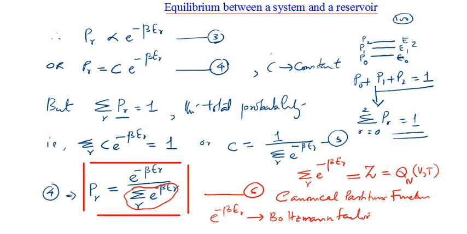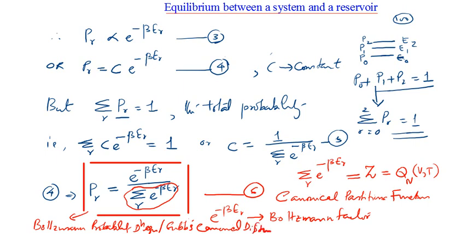Equation number 6 is called the famous Boltzmann probability distribution equation, or it's also known as the Gibbs canonical distribution. Several names exist for this equation because it is that relevant. It's a distribution of how particles will be distributed along different energy states, so it is known as a distribution.